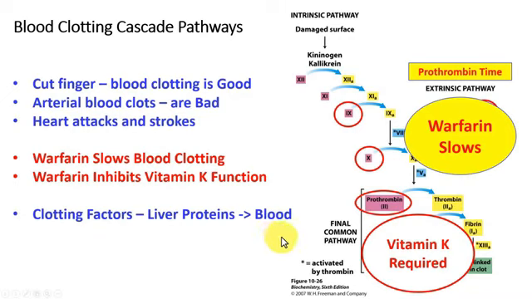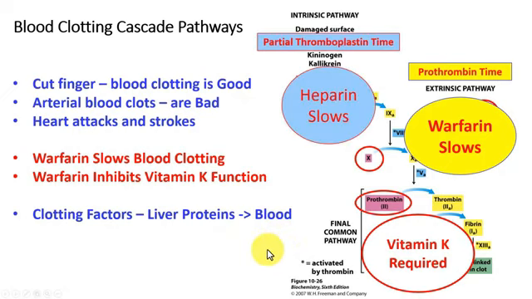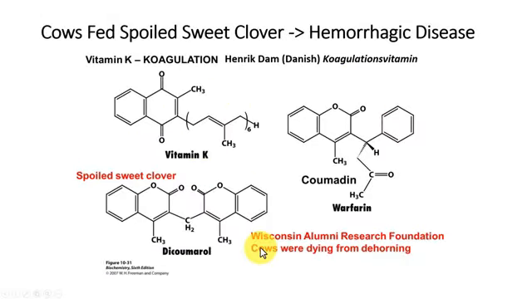They don't work as well, and that's measured by prothrombin time. Also, heparin is used as an anticoagulant. However, heparin has to be injected, whereas warfarin is a pill that can be eaten. And heparin is measured by the partial thromboplastin time.